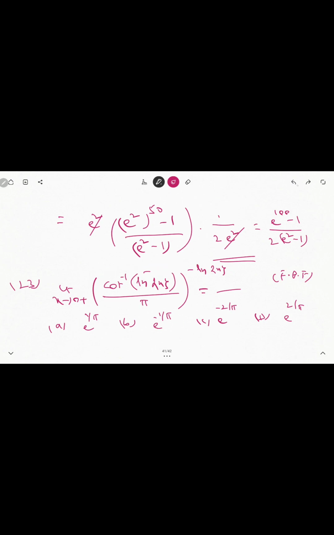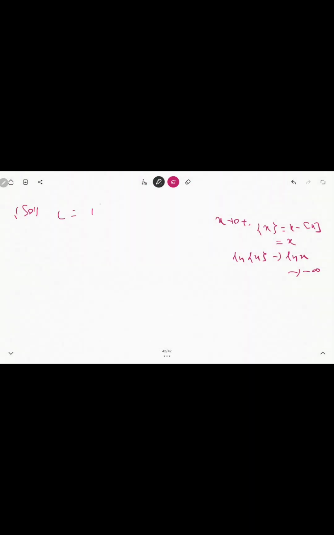Pi by pi means 1 power infinity I am getting. That is the point here. So L is of the form 1 power infinity, understood? Cot inverse of minus infinity will go to pi. Again, 1 power infinity means we have a shortcut. What is it?